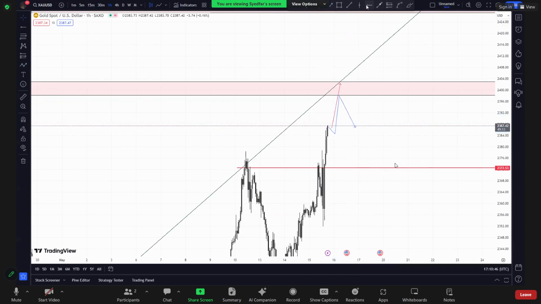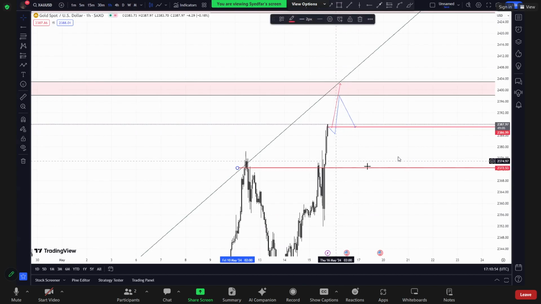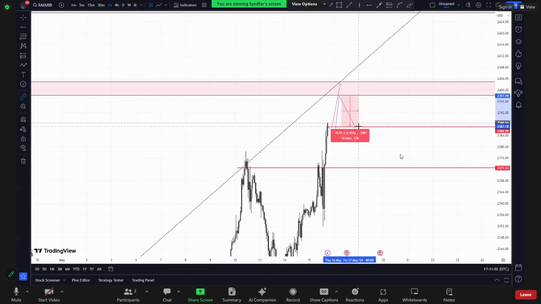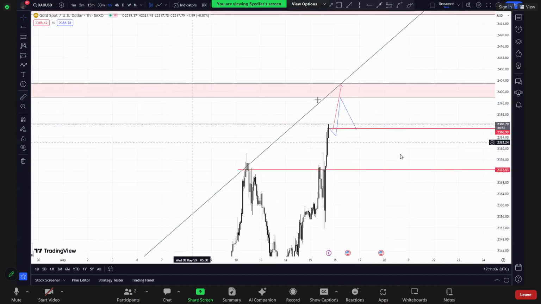This is your first TP, first target profit. When price comes to this level, close partial. Then this is our second target profit. TP1 is 100 pips and TP2 is 250 pips. Okay, understand?